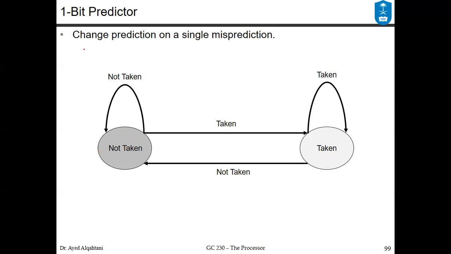And this satisfies what we say here. You change the prediction between not taken and taken only on a single misprediction. So notice this movement happens if they don't match. This movement happens if those do not match.